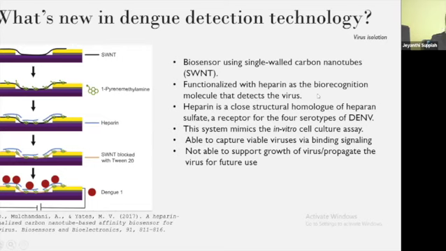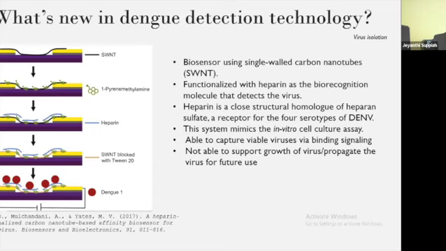Now, dengue binds to a wide range of host receptors in order to be internalized and replicate in the host. One of the receptors is heparan sulfate. Here the researchers used heparin, which is a close analog to heparan sulfate, as a receptor for the 4 serotypes. They overlaid the heparin onto the SWNT, went through a series of chemical treatments, and this system was able to capture viable viruses via binding signaling.